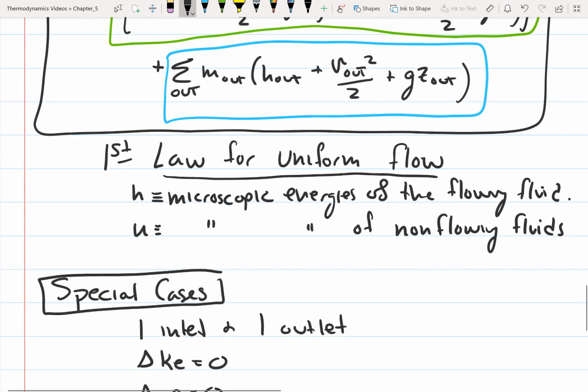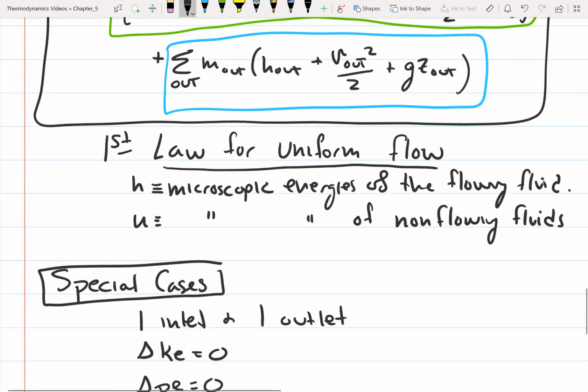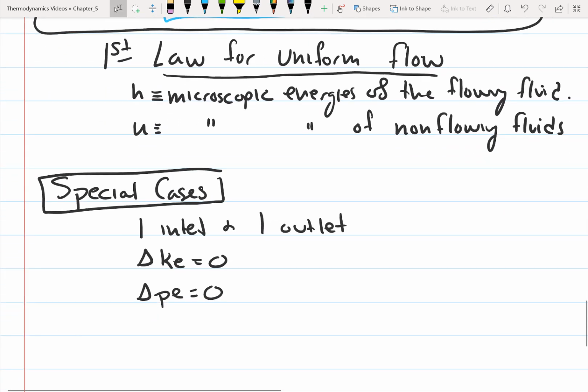The change in potential energy being zero makes sense, because if we just have a container that we're filling up, there's not going to be a change in potential energy unless it's a giant container that's several meters high or something. But we're assuming that the change in potential energy is zero.